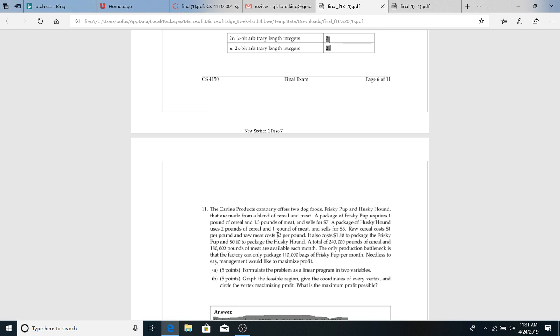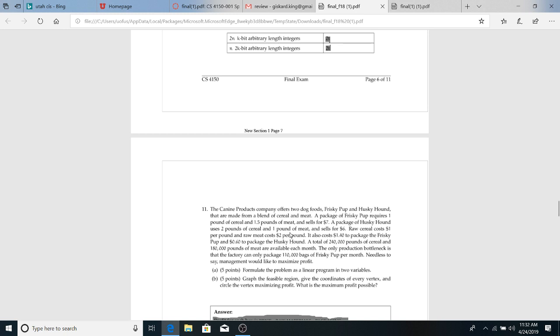So for optimization, for F, it sells for $7, so it'll be 7 minus, times F. The minus is coming from the cost of food. It costs $1.40 to package F, so it's going to be minus 1.40 for packaging.